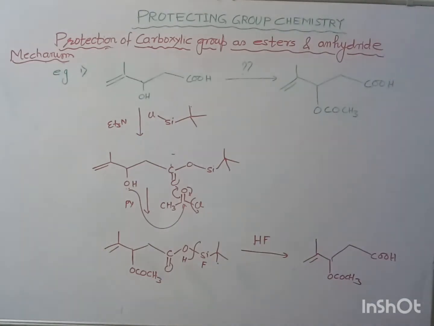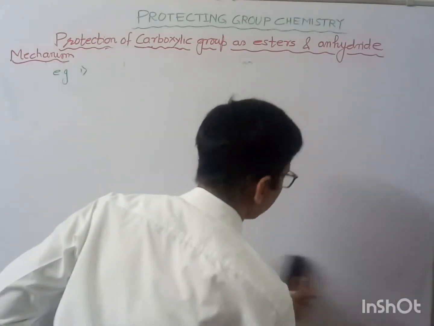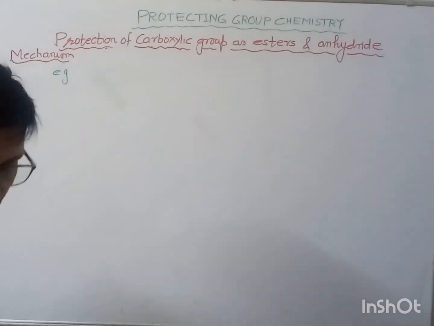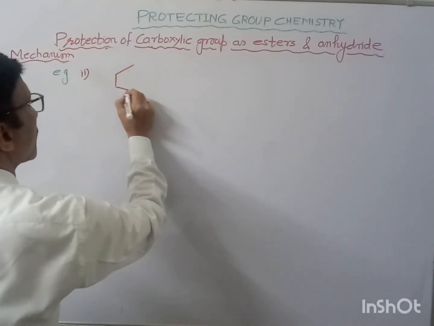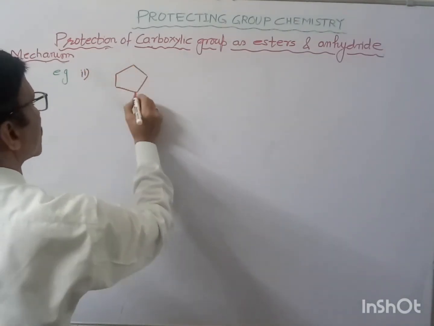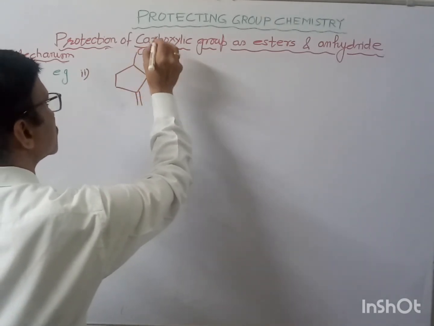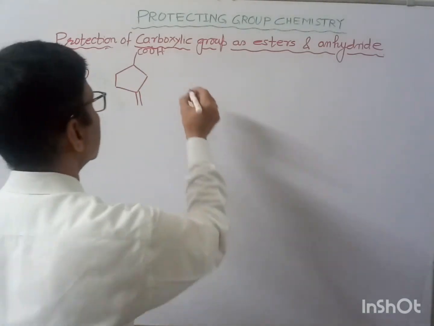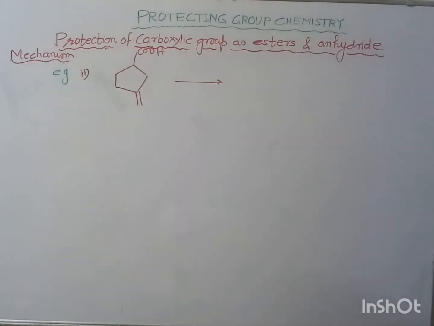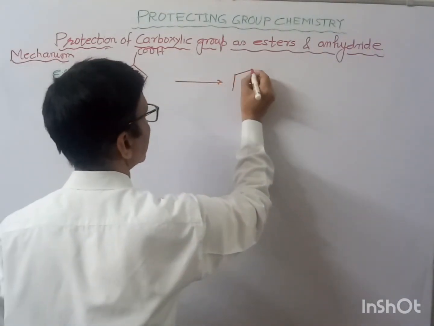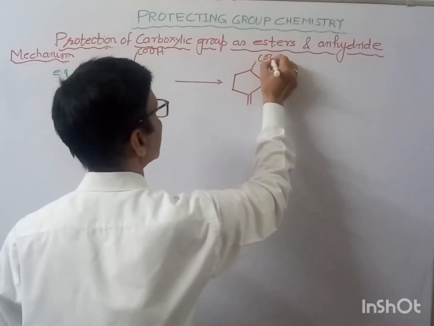Now let's see another one. Let's see example number 2. Suppose here we have one double bond and this COOH, and this can be converted into another COOH.